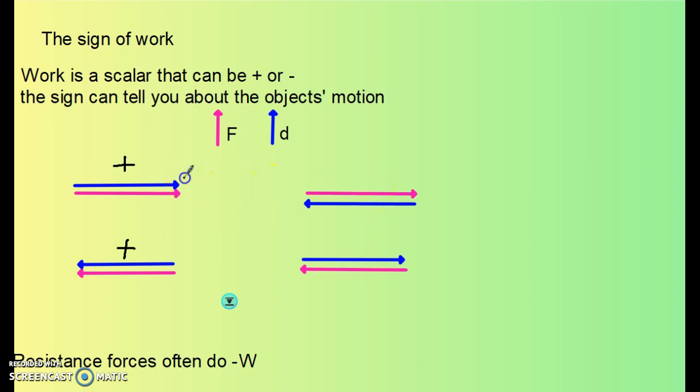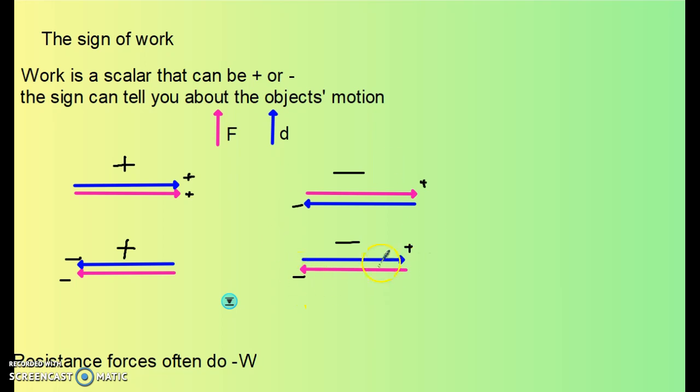Well, if you want to give these signs, positive times positive gives you a positive, and negative times negative gives you a positive. But here you'd have a positive and a negative. It's going to come out negative. And here, the direction is forward, but the force was backwards. Again, you end up with a negative.